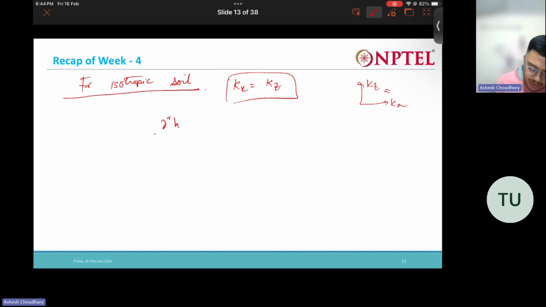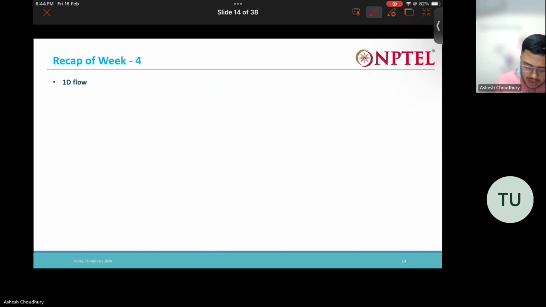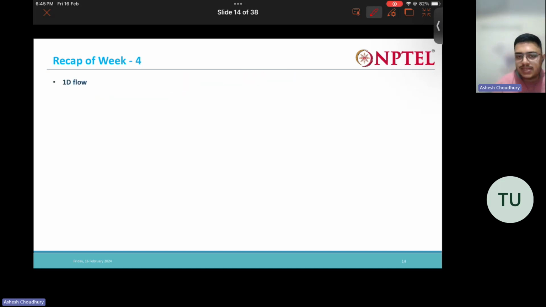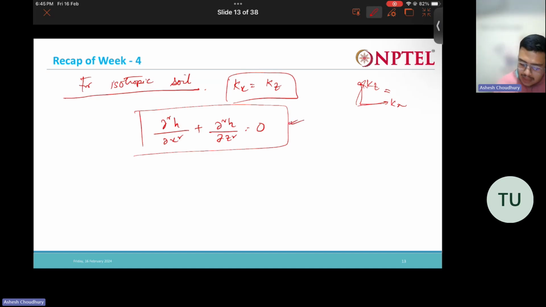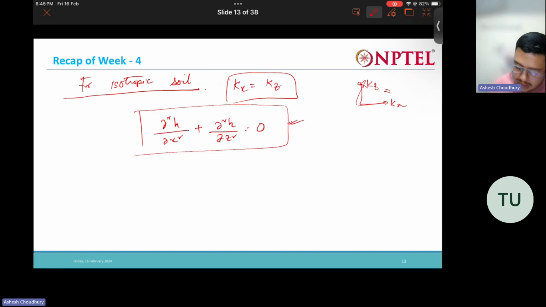So that's why for isotropic soil you can write the simplified equation. Now this was for 2D flow, where we are considering flow in two directions. The earlier case is for 2D anisotropic flow, because Kx and Kz are different, and this equation is for 2D isotropic flow. Why isotropic? K is the same in both the directions.